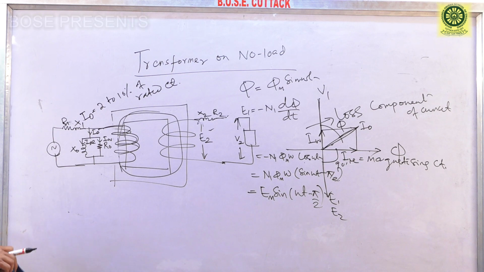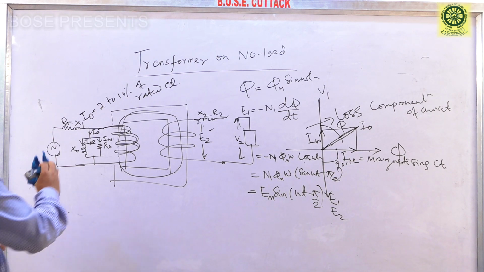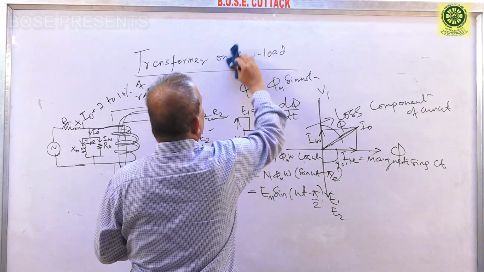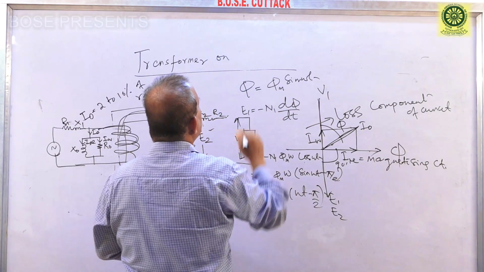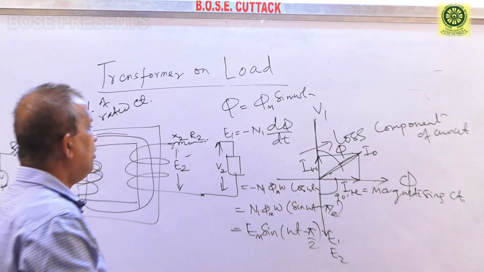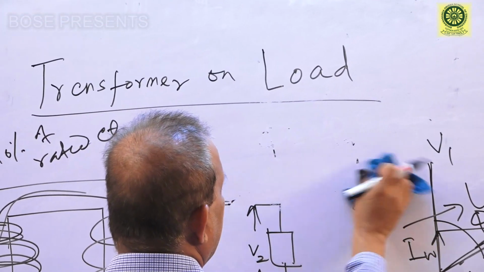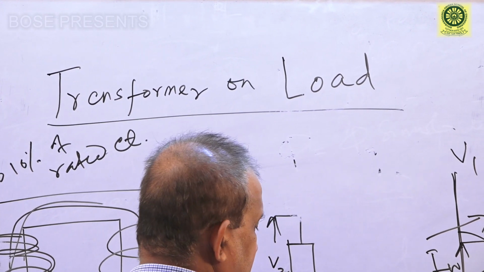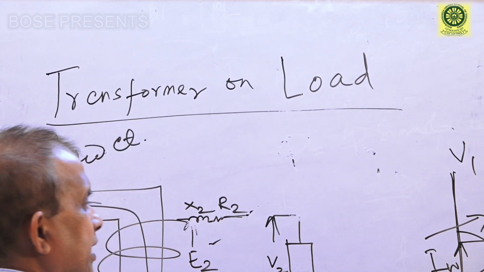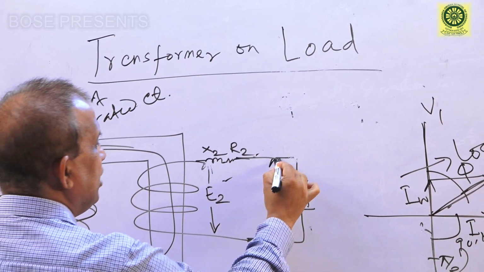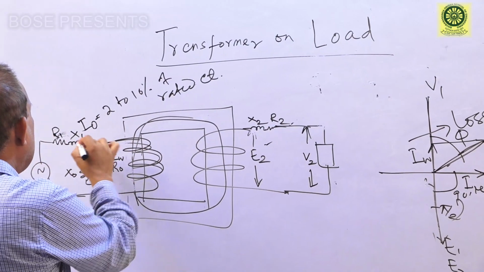After discussing the transformer on no load, let us go to the transformer on load. The transformer is connected with a load which is of inductive type. Now we will take into account R2, X2 and R1, X1.